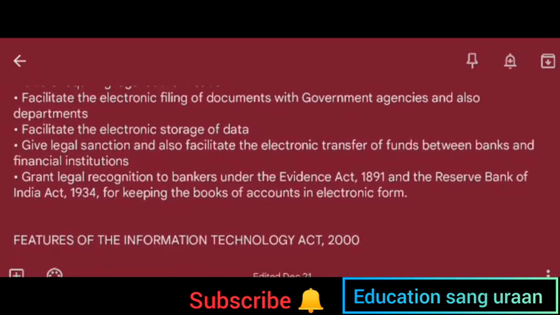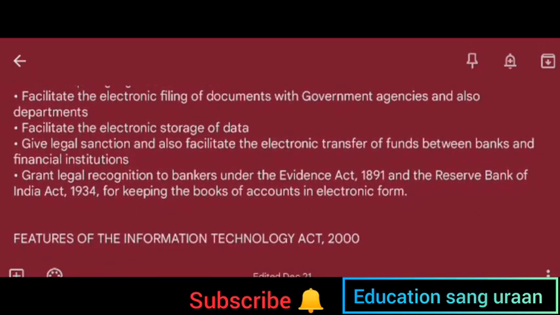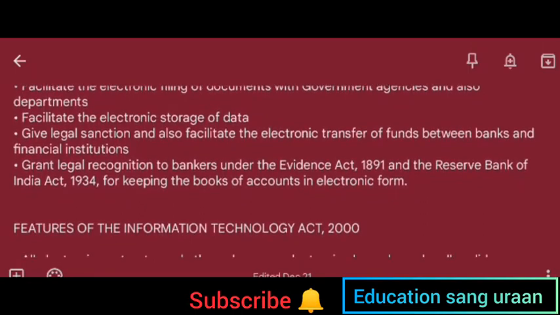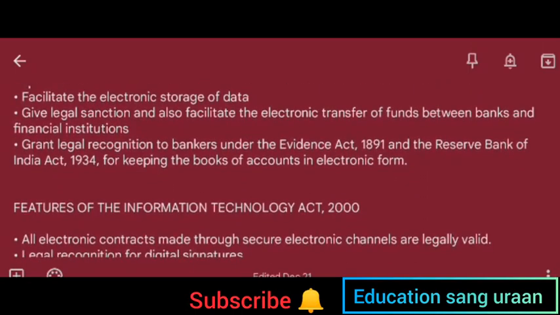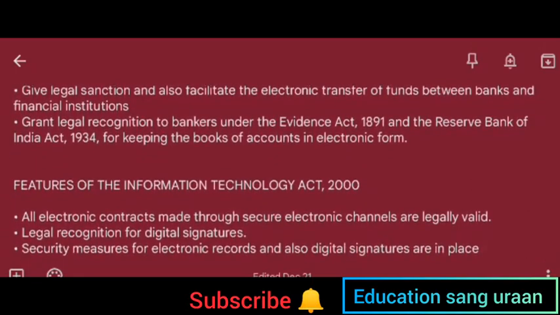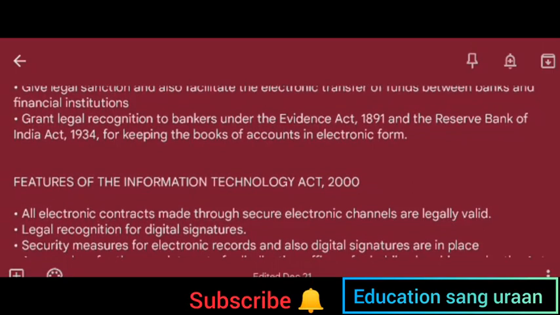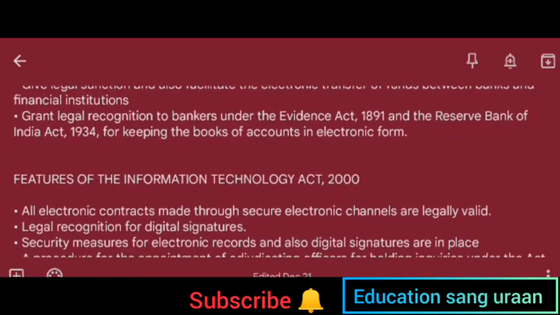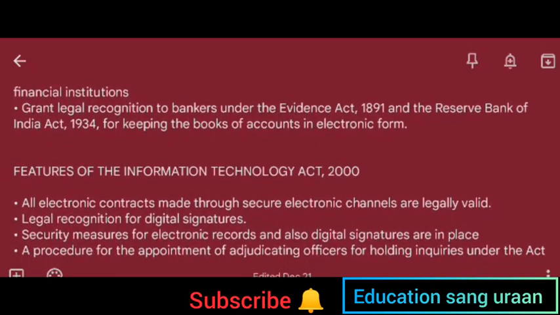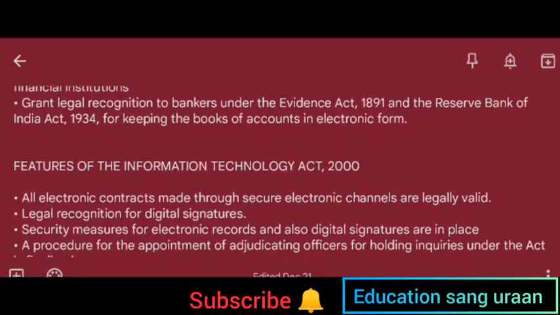It facilitated the electronic storage of data, gave legal sanction, and also facilitated the electronic transfer of funds between banks and financial institutions. It grants legal recognition to bankers under the Evidence Act 1891 and the Reserve Bank of India Act 1934 for keeping the books of account in electronic form.